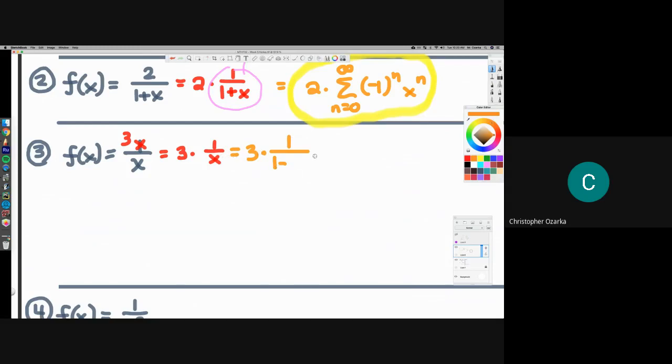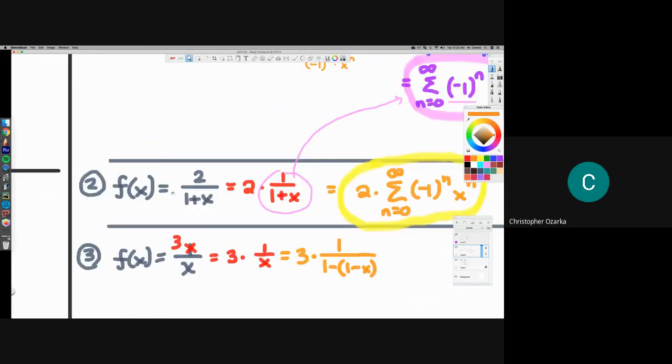Well, we want the 1 to be gone, so it has to be 1 minus 1. It also needs to be a positive x. Right now we have a minus there. So what you need to do is just put a minus x in there. So now this orange is actually equal to the red. It doesn't look like it, but if you work it out, it does. And now we can use home base.